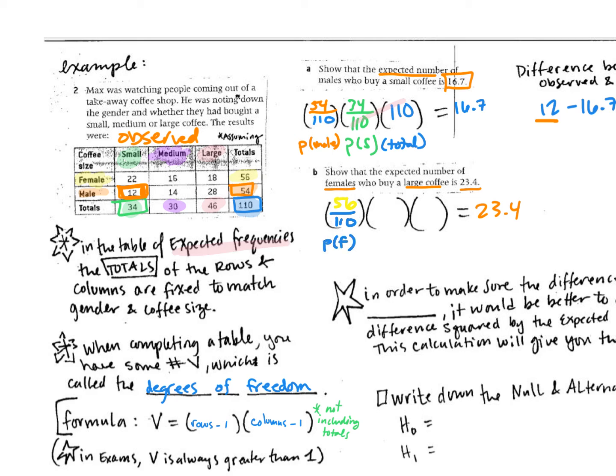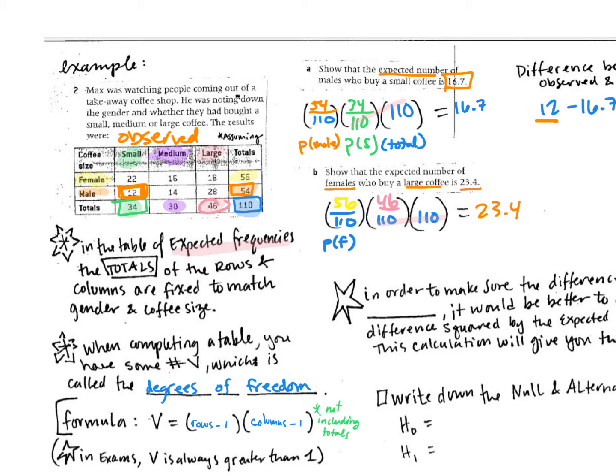And it's a large coffee, so that's my pink pen. So large was 40 out of 46. So 46 out of my total, 110, times my total of 110. Again, one of those is going to cancel, so you're left with 23.4.